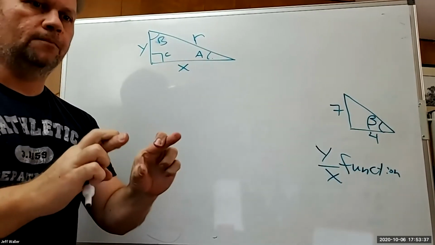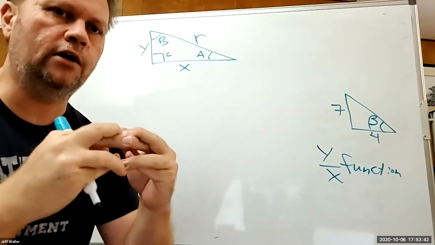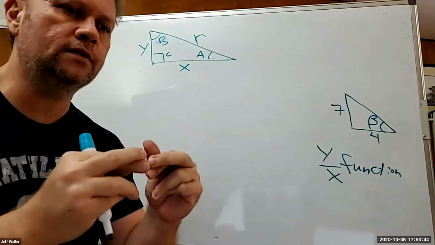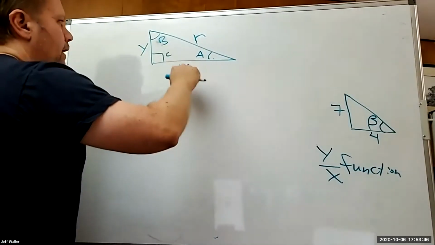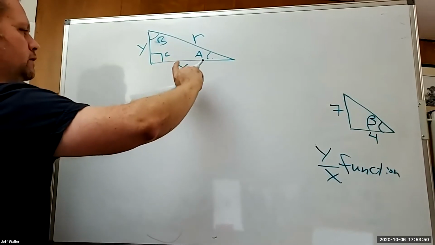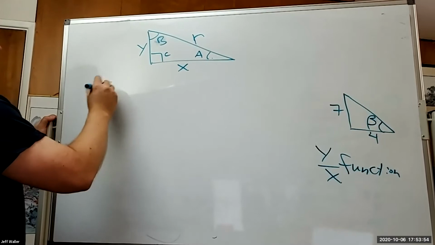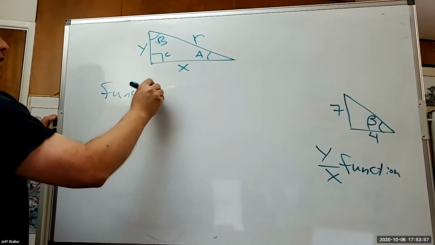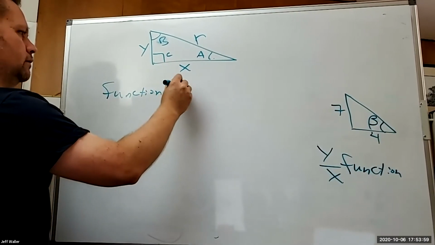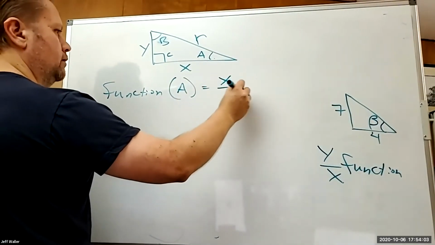Really want you guys to get this. I'm going to create a function that represents the ratio, let's start with one of the more basic ones: the x to r ratio. When I put an angle into this function, it will give me the ratio of x to r.